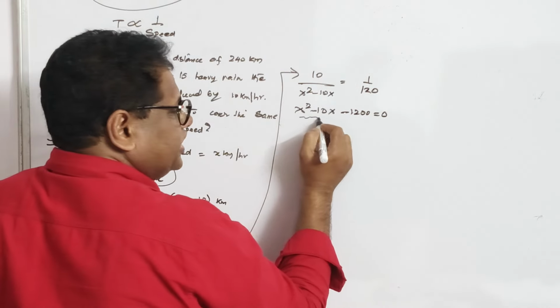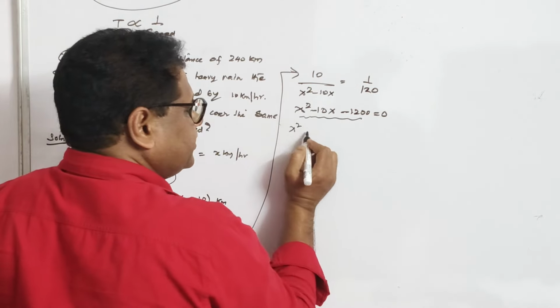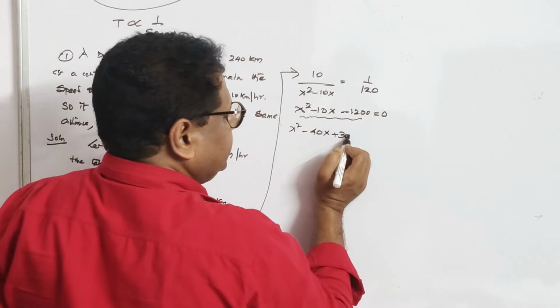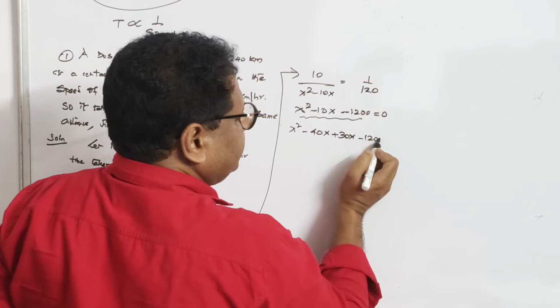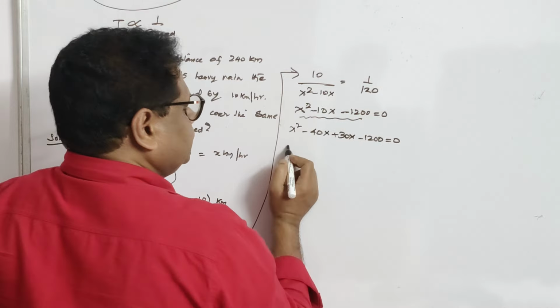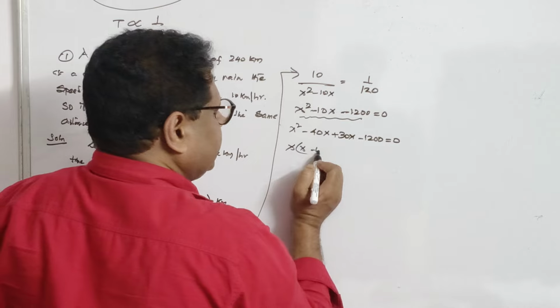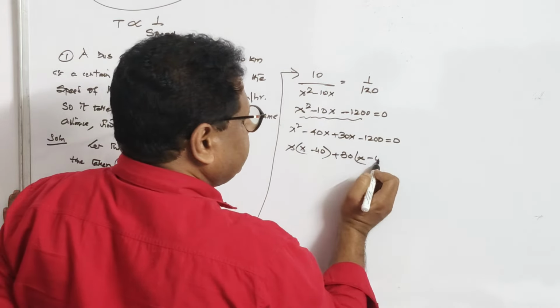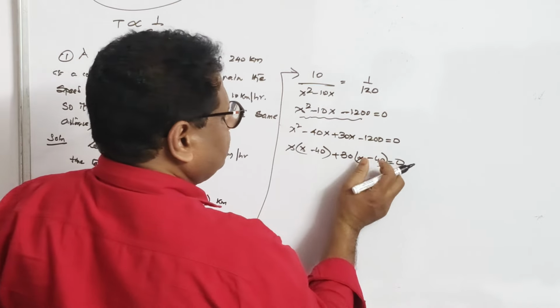Now if you apply the middle term concept, we get the factors: x square minus 40x plus 30x minus 1200 equals 0. That brings x within bracket x minus 40, plus 30 within bracket x minus 40, equals 0.